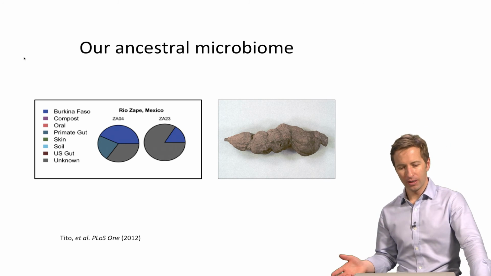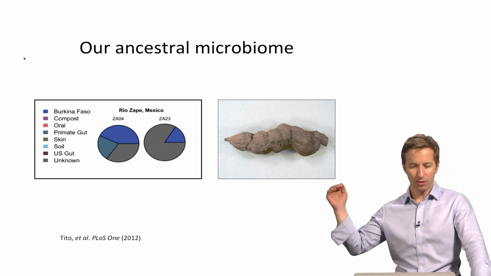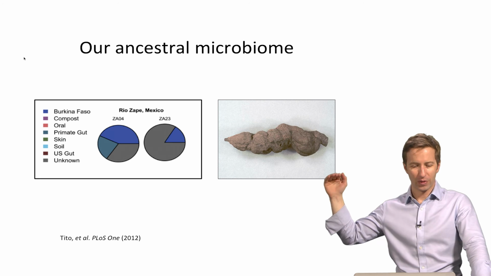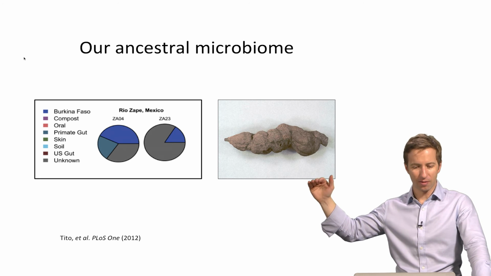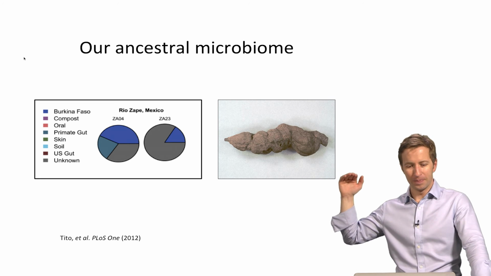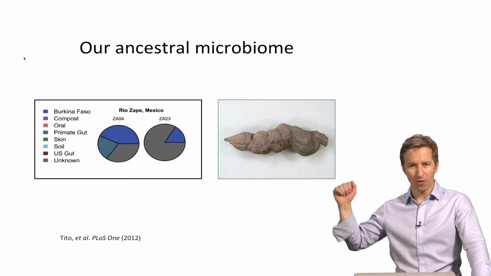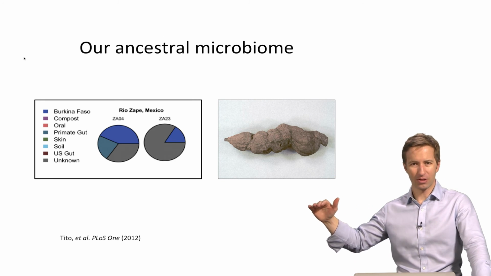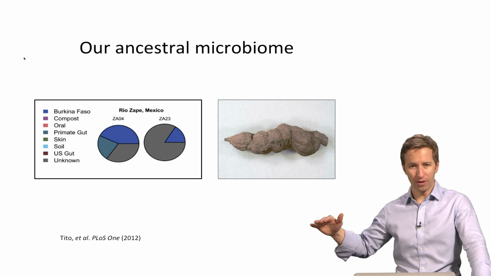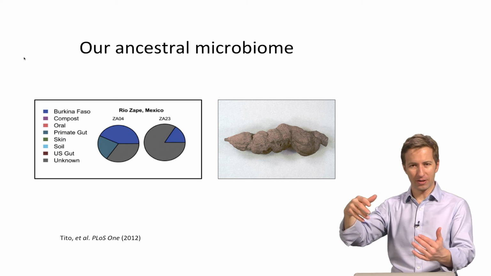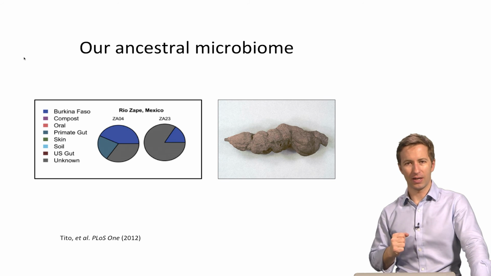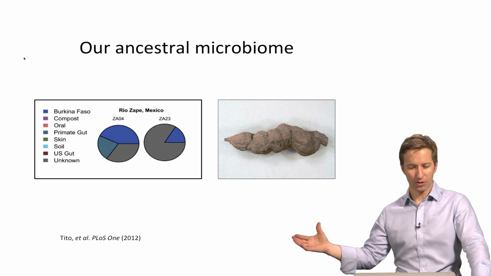So we ran these through Sourcetracker, and we used as the sources some non-westernized human gut samples, compost samples, so it's just a decomposition microbiome, oral samples to look for oral contamination, primate gut, skin in case there's skin contamination, soil in case the soil bugs invaded the coprolite, and then modern USA gut samples, and then of course there's the unknown.